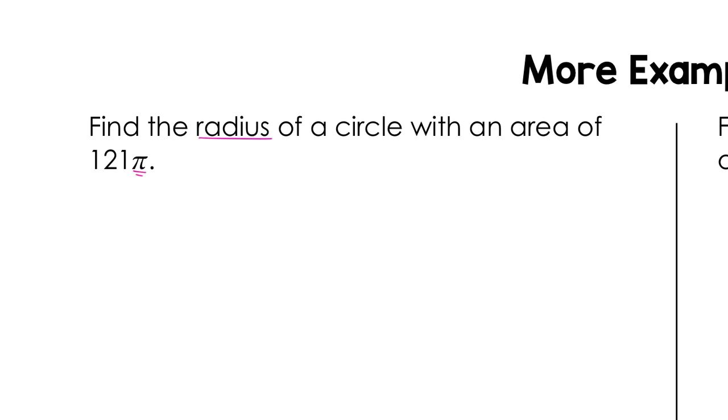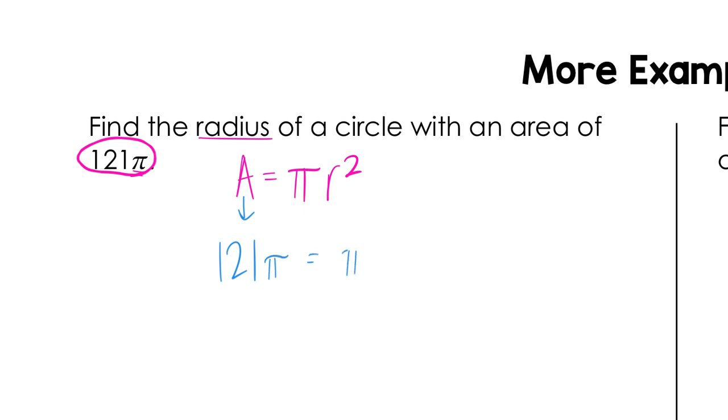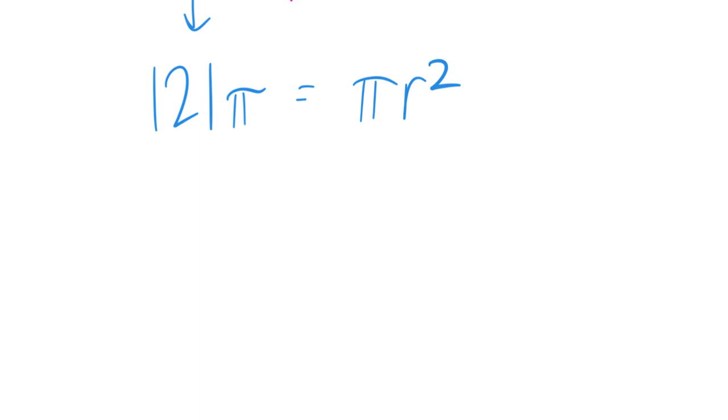It says find the radius of a circle that has an area of 121 pi. Same thing here. The formula for area is pi r squared. So we're going to replace A with 121 pi, and then solve for r, just like we did before. We're going to divide both sides by pi.